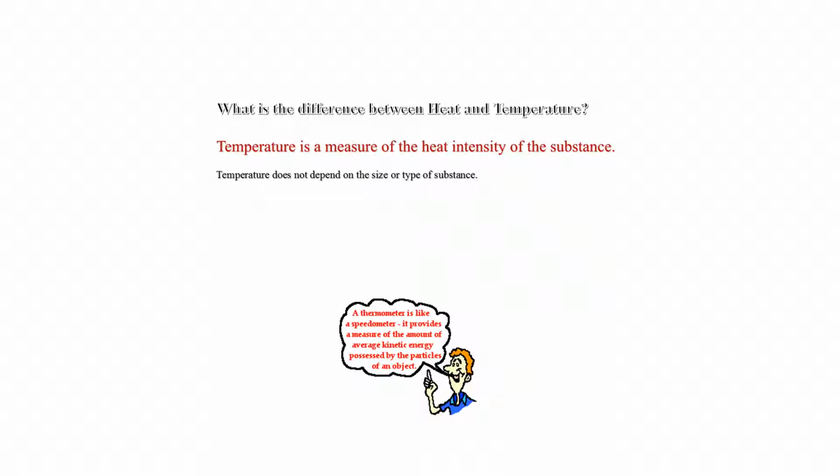Temperature is independent of how much matter there is in a substance. Temperature is just an average value of energy for all the atoms and molecules in a given substance. What is important is you understand that you are not finding out how much heat energy something has, you are only finding out how much heat intensity it has. In other words, how hot or cold it is.